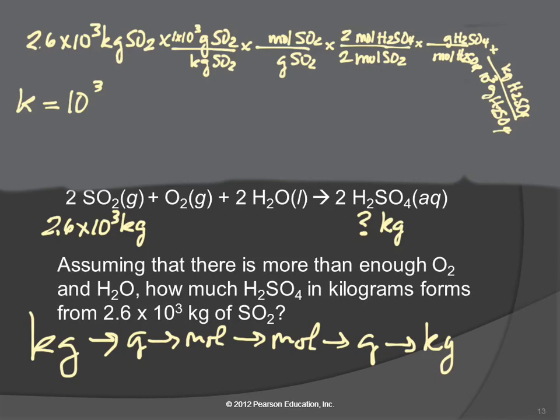Now we need grams to moles. We've got the formula right there, SO2. All we need is the periodic table and the calculator. But let's write it out so we don't go astray. We've got 1 sulfur, and 2 oxygens. So that's 34.07.